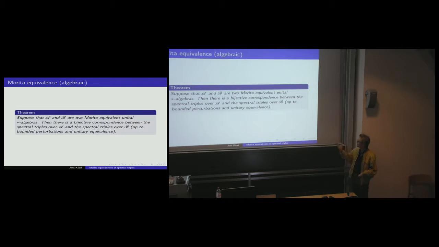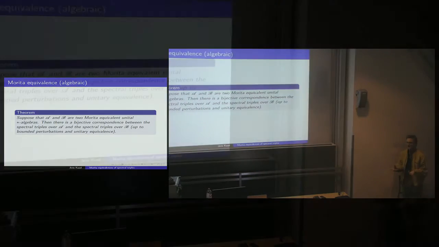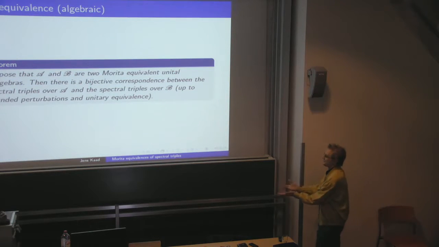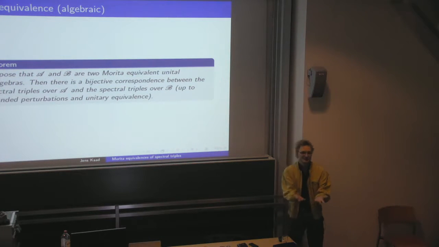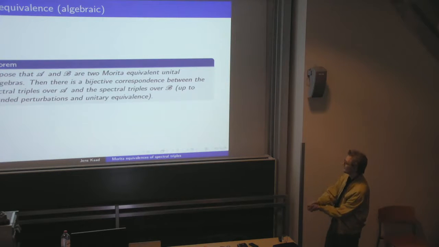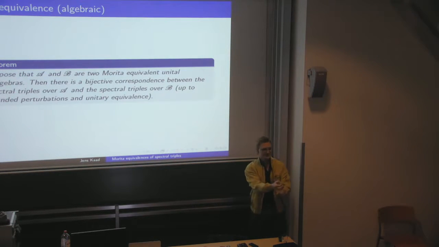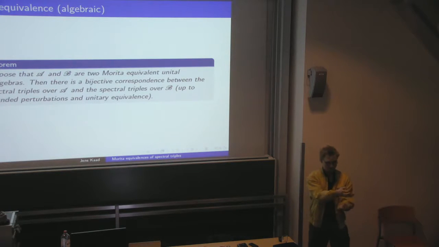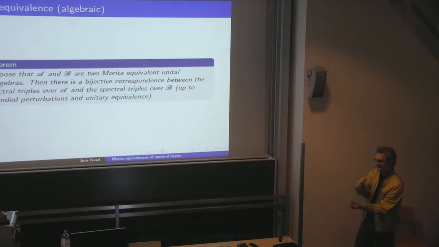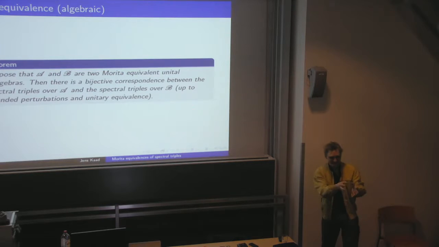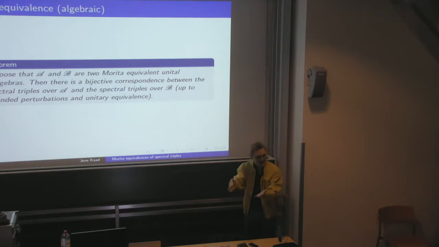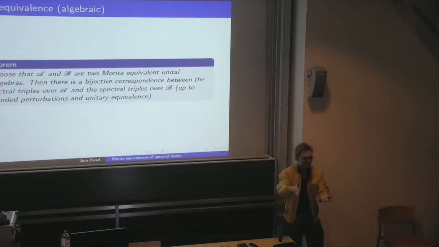The first one is, okay, if I have a spectral triple and I have a unitary operator, I can conjugate it. And I obtain a new spectral triple, and I think about them as being the same, up to unitary equivalence. The other one is that if I have a spectral triple together with some bounded self-adjoint operator, then you can perturb your spectral triple by adding this bounded operator to the Dirac operator.